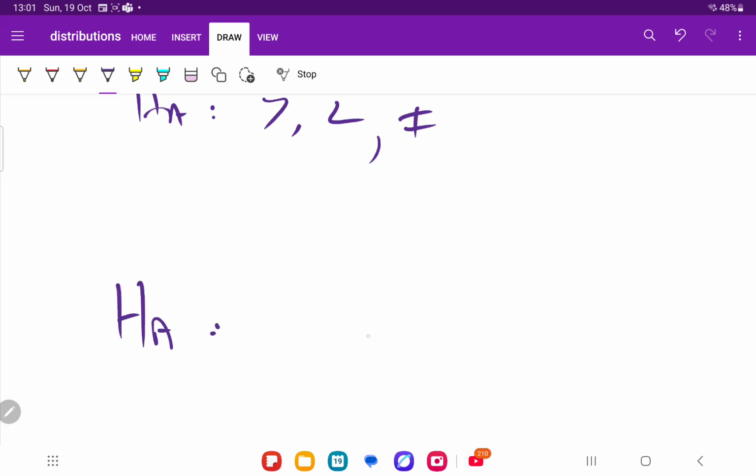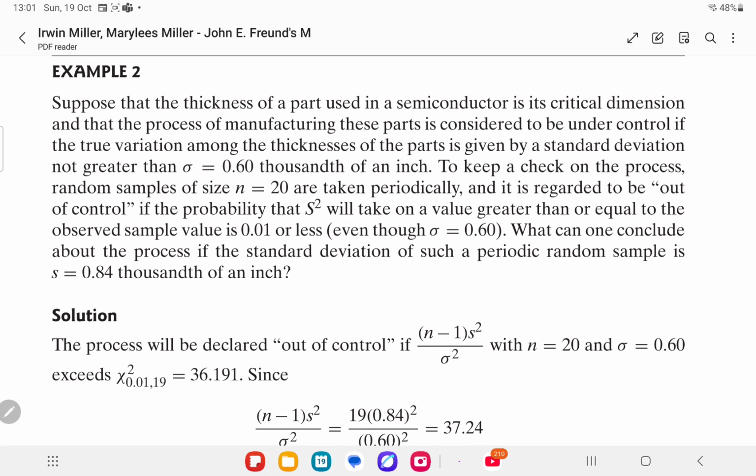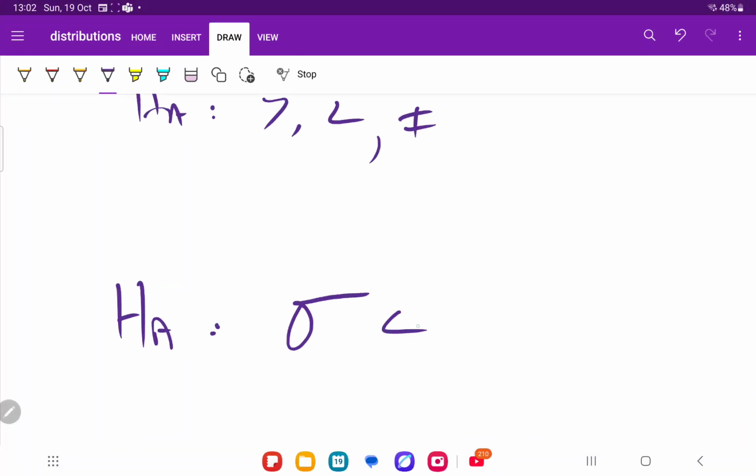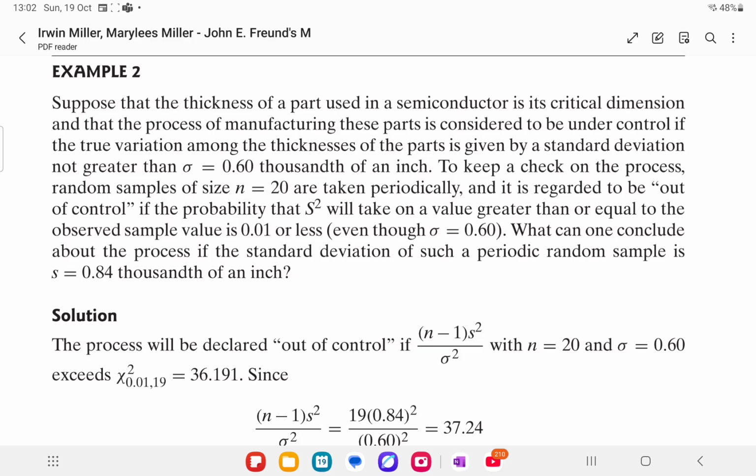So the variation sigma should be less than 0.6. So that is the meaning of standard deviation not greater than 0.60. If it is not greater than, it means it should be less than 0.60, less than. Okay.